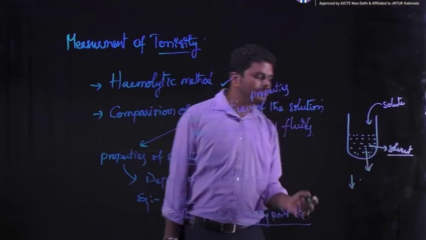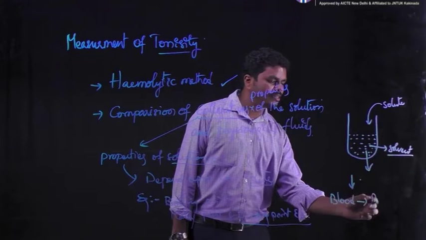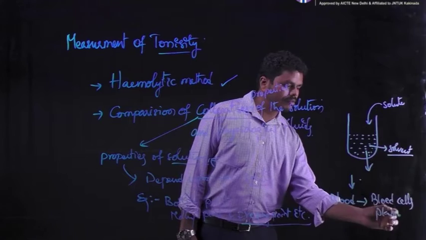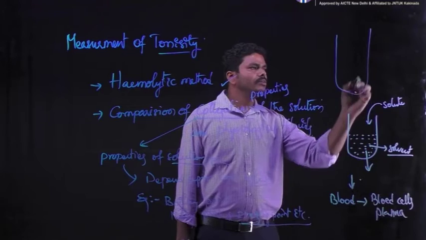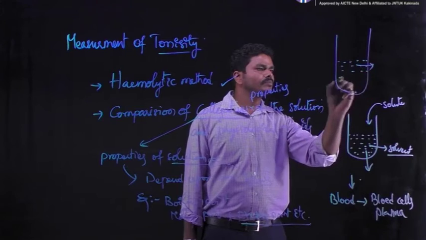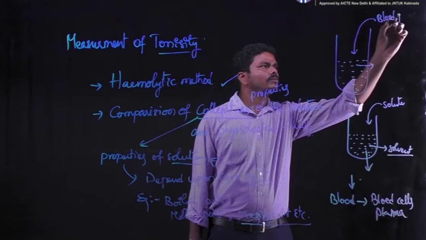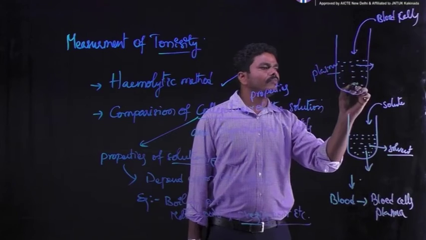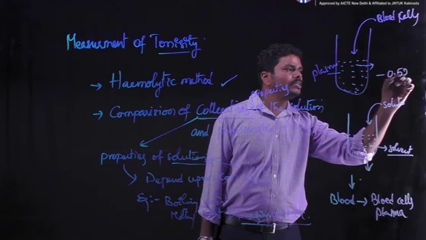So for example, when you see the freezing point of blood, blood is the composition of blood cells and plasma. So when you see the plasma freezing point, consider this one as the plasma, and when you add the blood cells to this plasma, the freezing point of plasma will be decreased to minus 0.52 degrees centigrade.